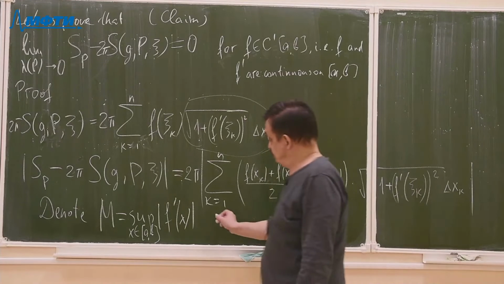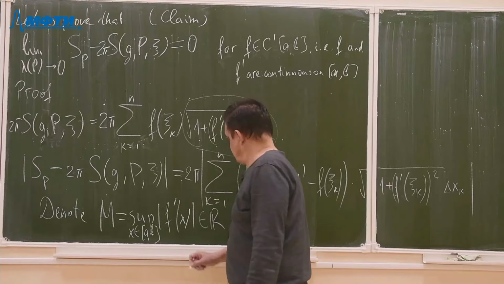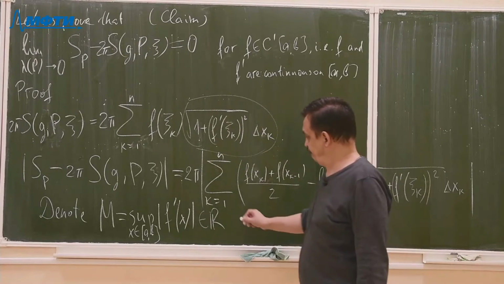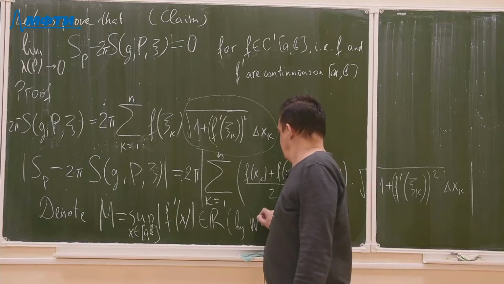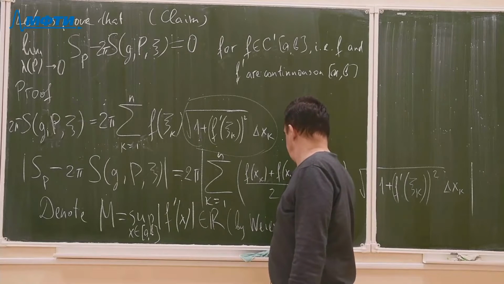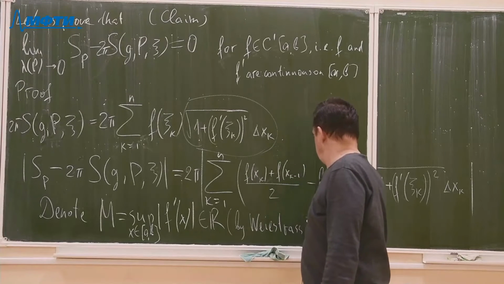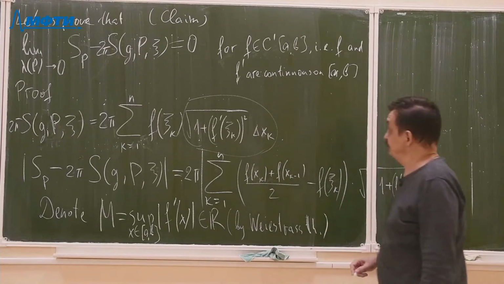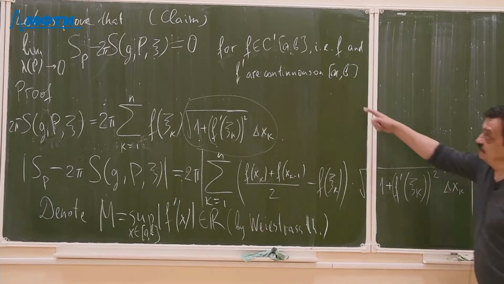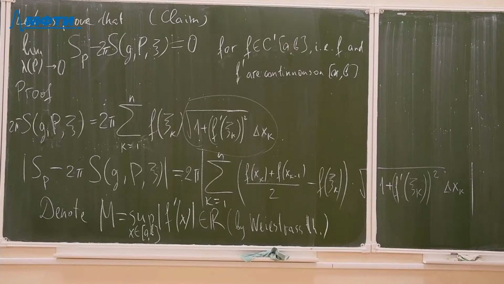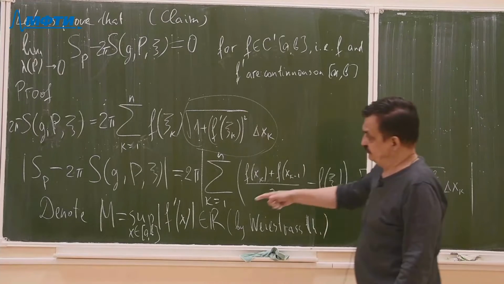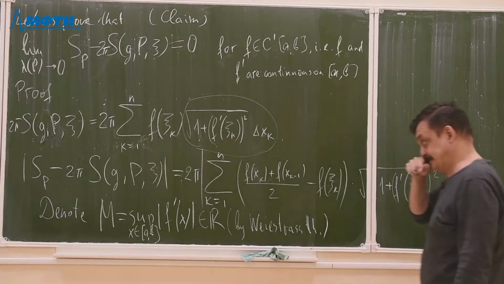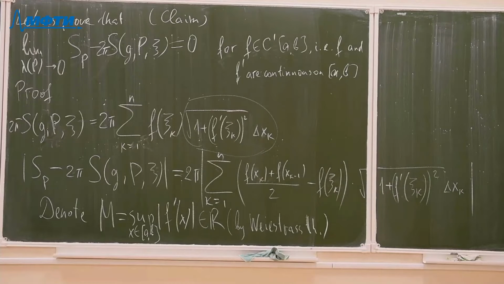Because of the Weierstrass theorem, that every continuous function on an interval is bounded. f prime is continuous, hence it is bounded by the Weierstrass theorem.